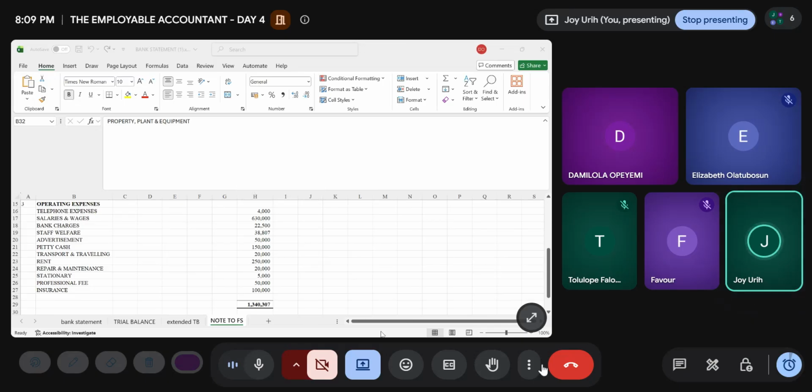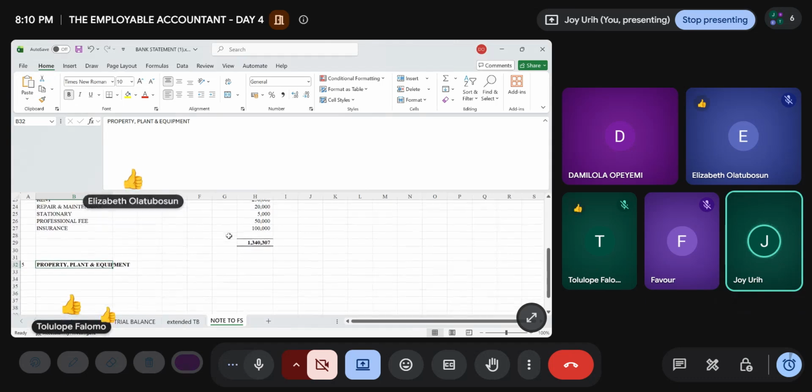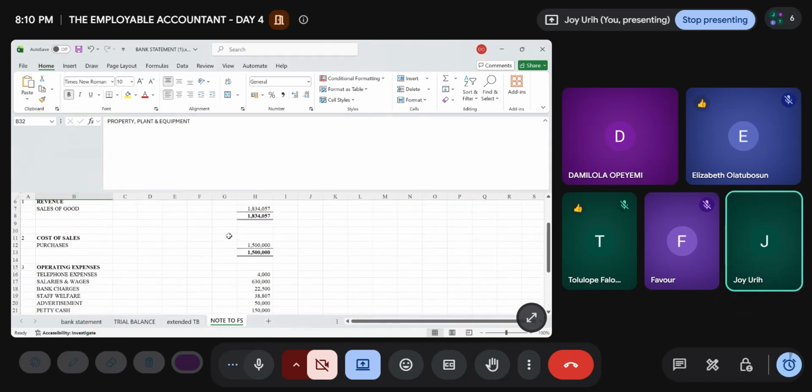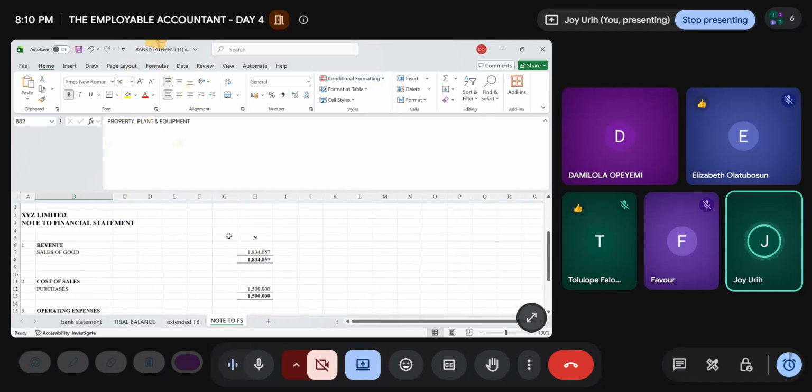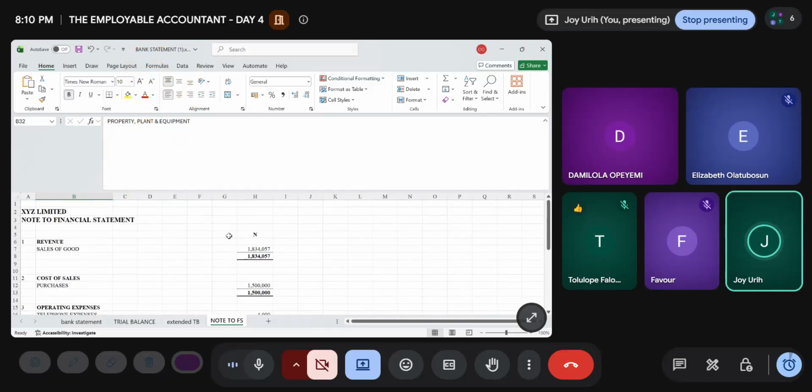I believe you can see my Microsoft Excel now. Yesterday we started working on the notes to the financial statement.